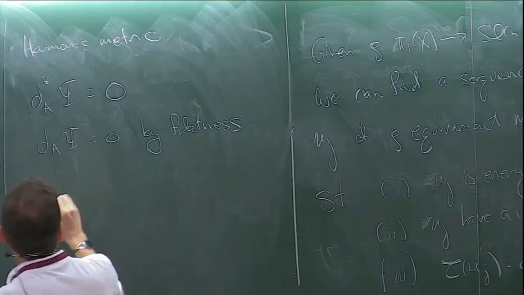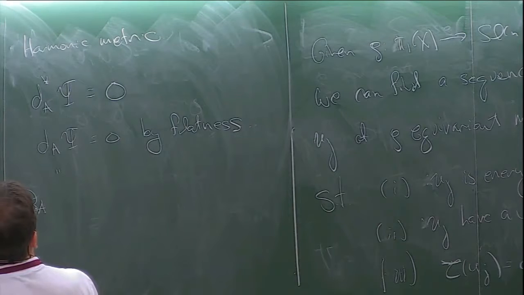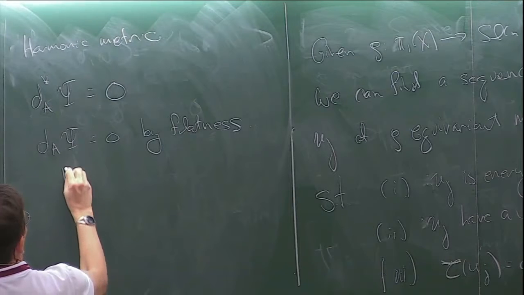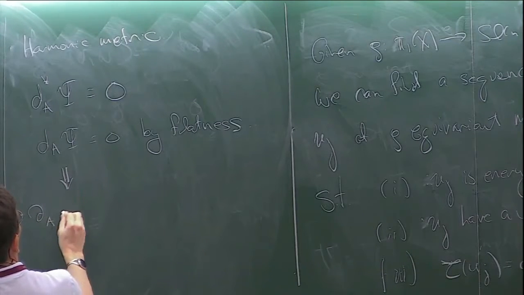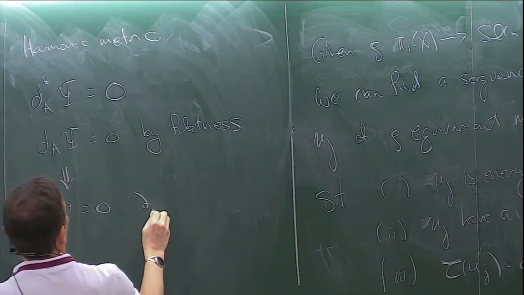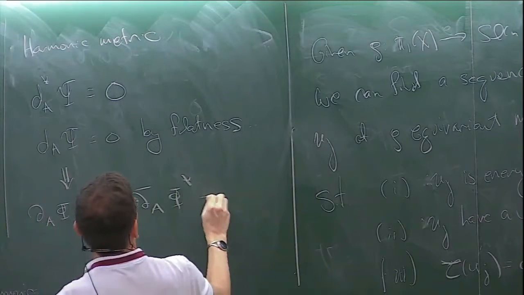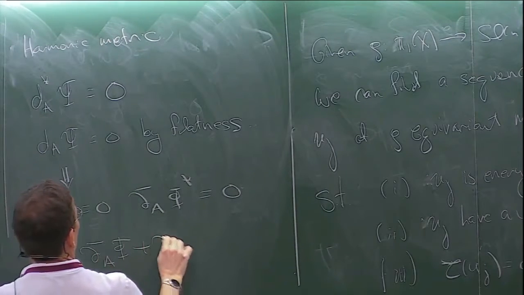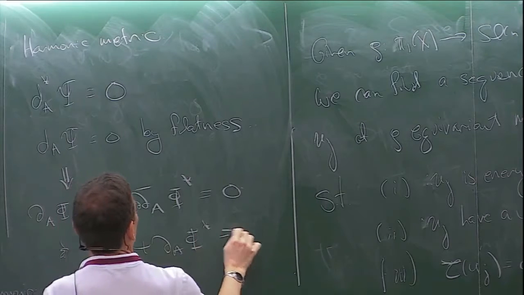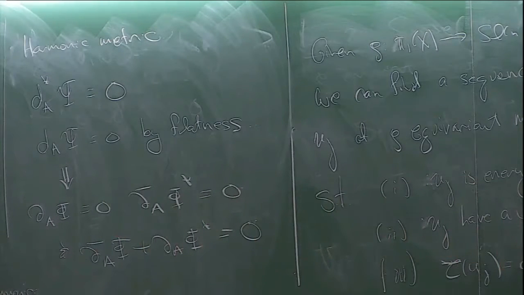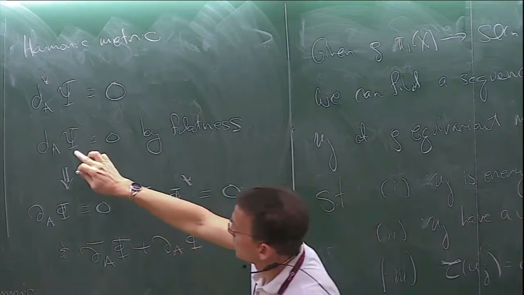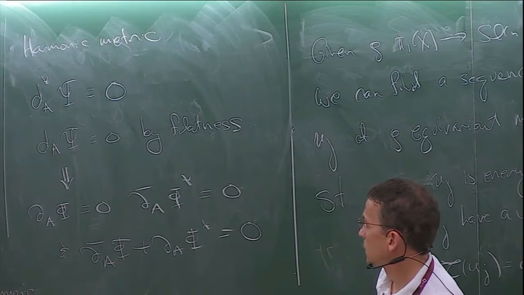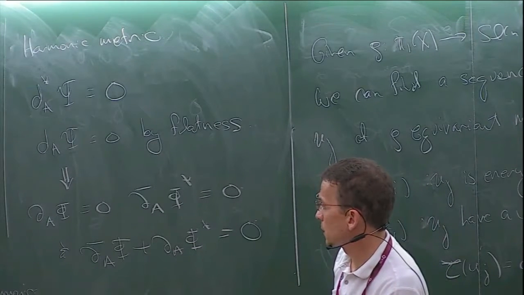So this implies that dA of phi is 0 just by decomposing in terms of types, and dA bar of phi plus dA bar of phi star is 0. Just by decomposing this psi in terms of phi plus phi star, and then decomposing the d bar and del operators in terms of types.